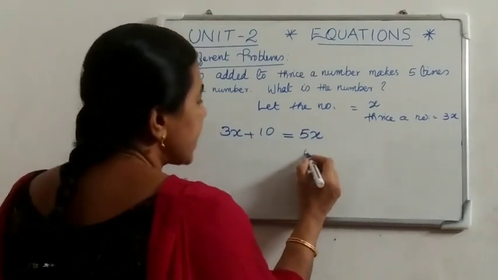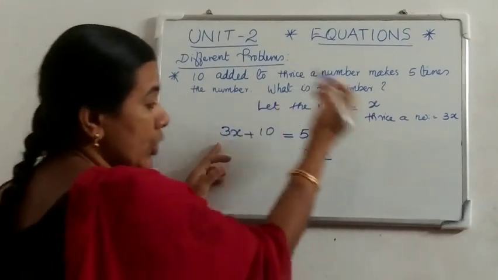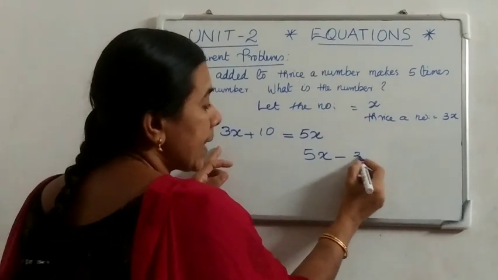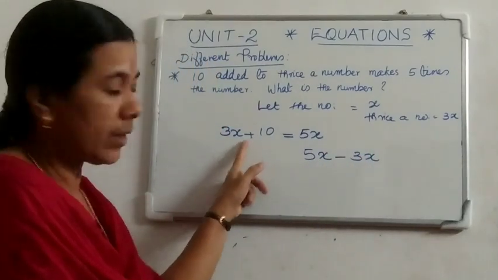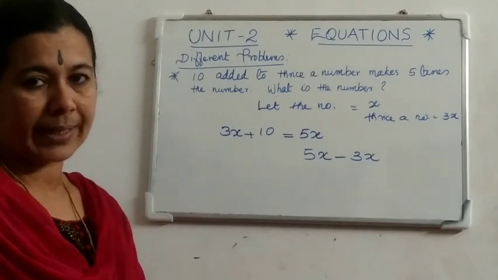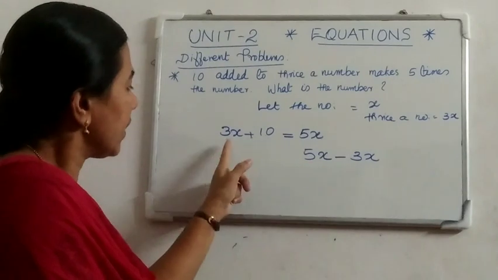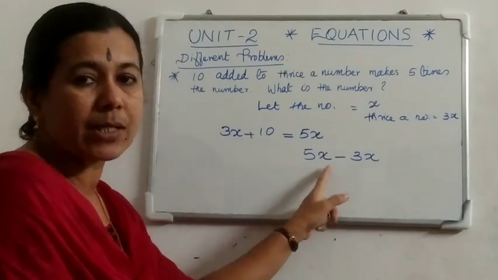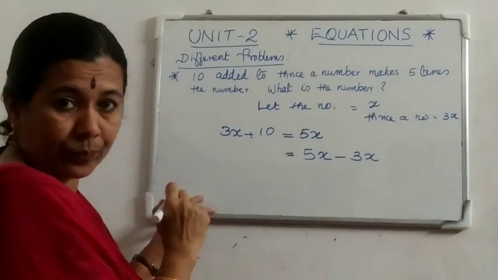Therefore, on the right side 5x is there, and we want to transform this 3x to the right side as minus 3x. 3x to be added here, it goes to the right side as subtract. Right? Operation will change, that we know. Therefore, 5x is here. This 3x goes to the right side as minus 3x. Then what will be remaining on the left side?